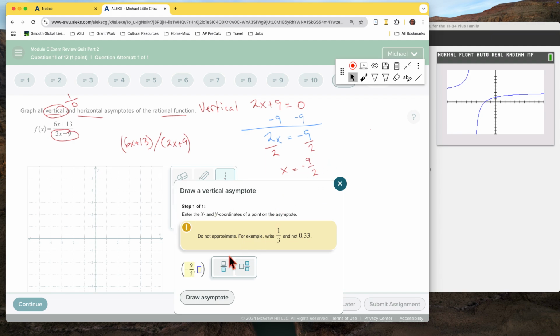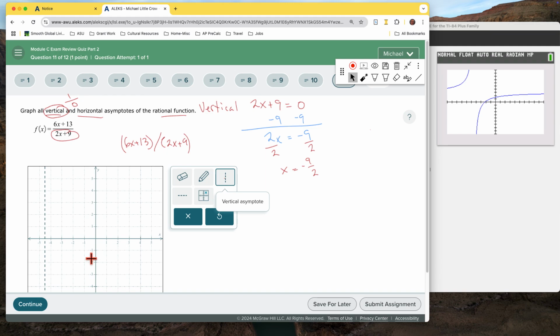It's right there, negative 9/2. And then for your y value, since it's a vertical line, any value will work. Let's do 3, whatever you want to do. And you get that vertical asymptote there. Draw it. That's the only one there is. And again, we could kind of see it there.